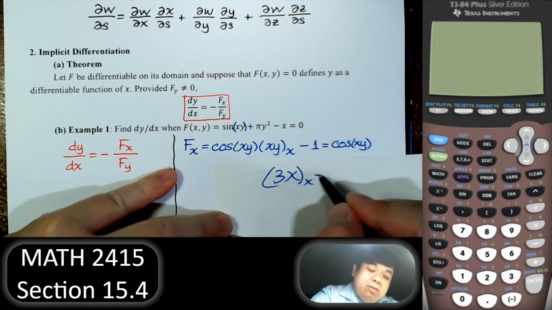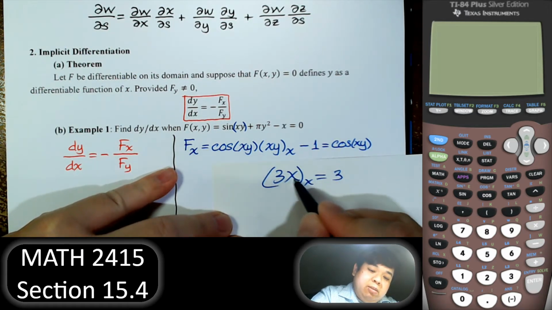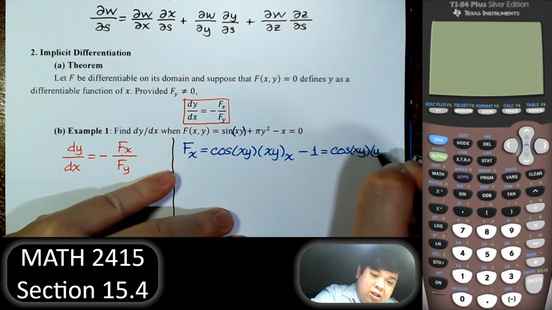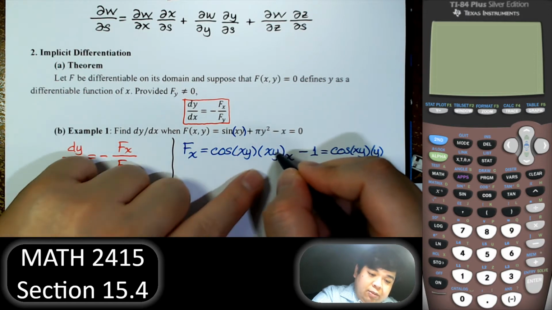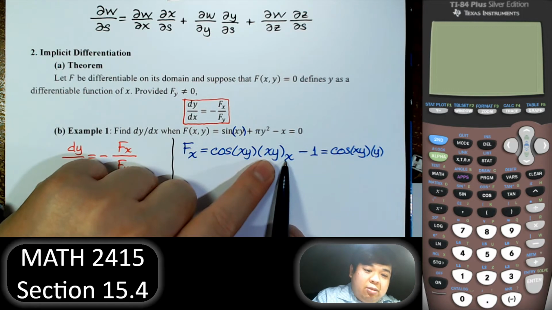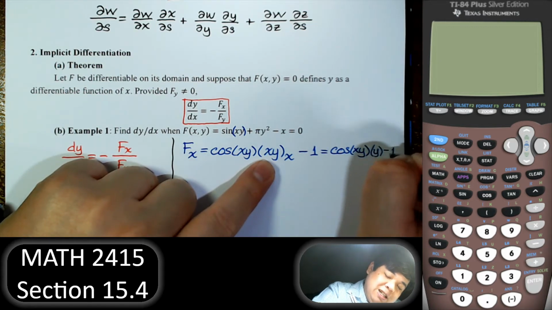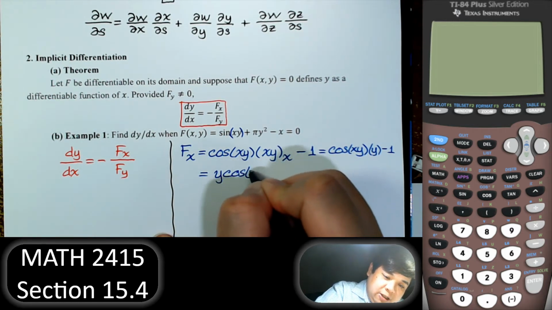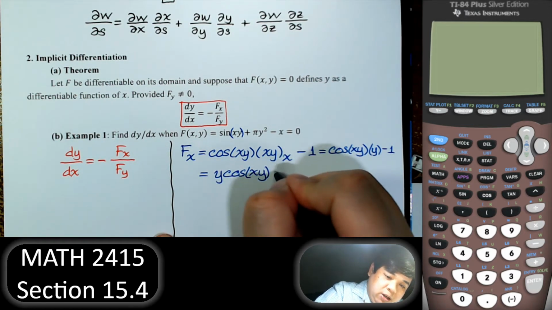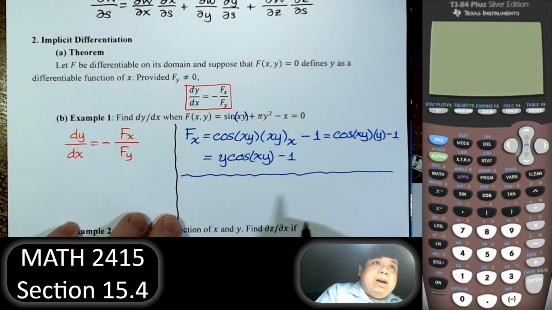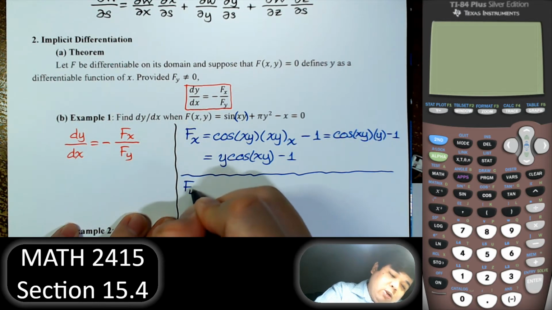So the derivative of this, of course, is going to be 3 because the derivative of x is 1. So we just have y because y is a constant with respect to x. Sorry, I should say that. So it's just equal to y cosine of xy minus 1. So that's the derivative of f with respect to x. Now the derivative of f with respect to y.